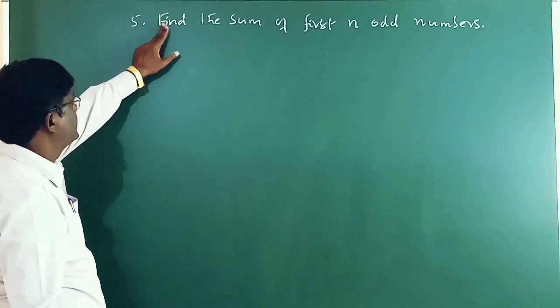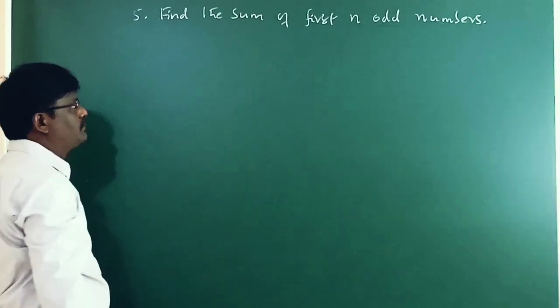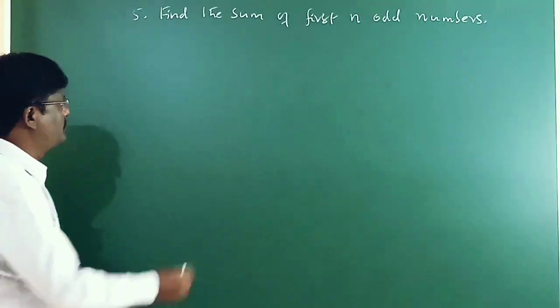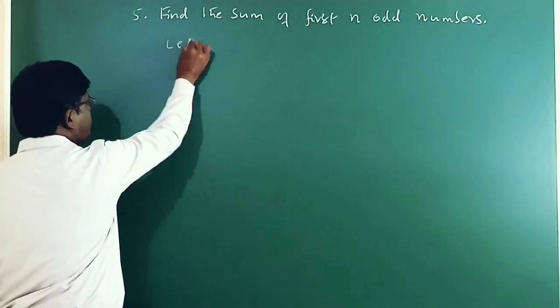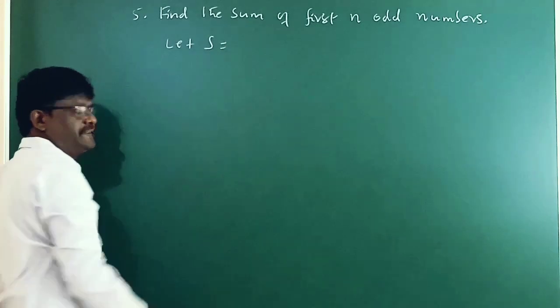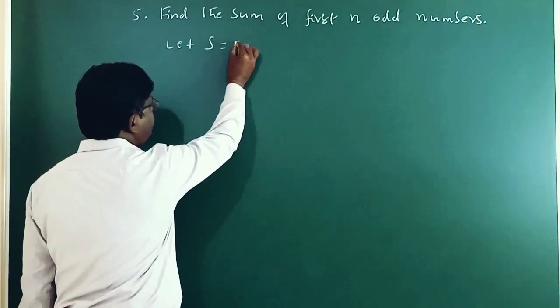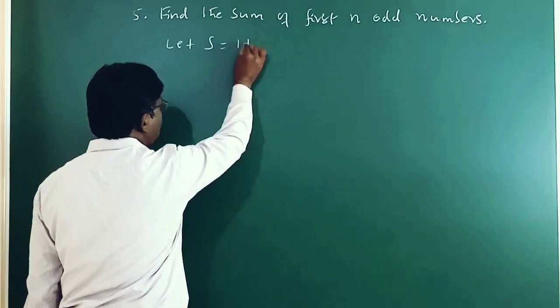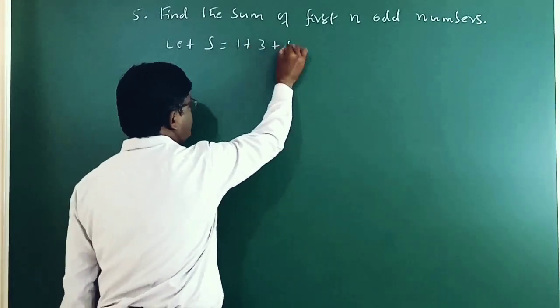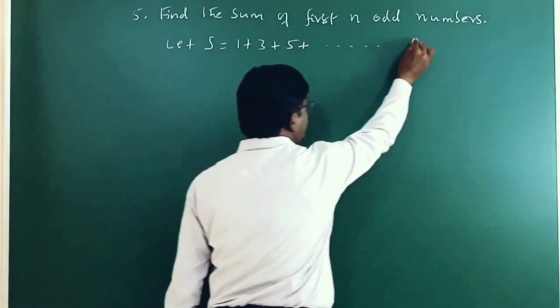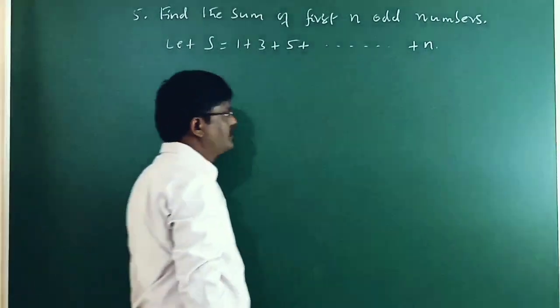Fifth sum is the sum of first n odd numbers. Hence, we shall take the sum as what, children? Yes. Let S equal the sum of first n odd numbers. Therefore, 1 plus 3 plus 5 plus etc. plus n.